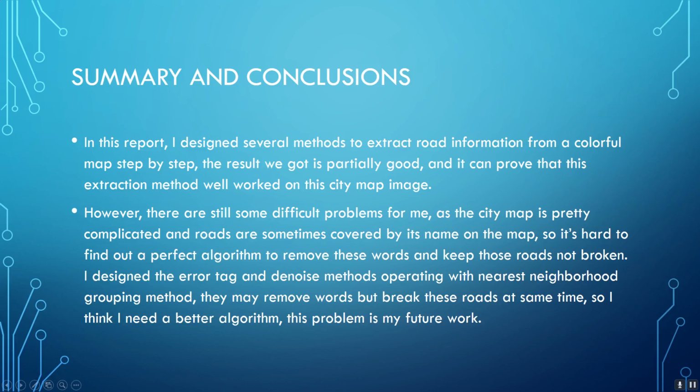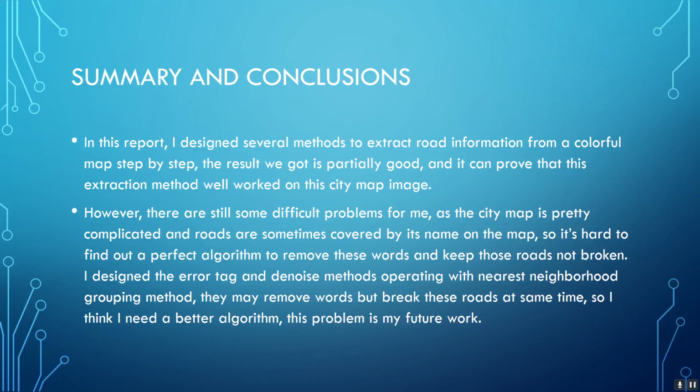And this is a summary, a conclusion. In this report, I designed several methods to extract road information from a colorful map step by step. The result we got is partially good, and it can prove that this extraction method works well on this city map image. However, there are still some difficult problems for me, and the city map is pretty complicated, and the roads are sometimes covered by their names on this map.